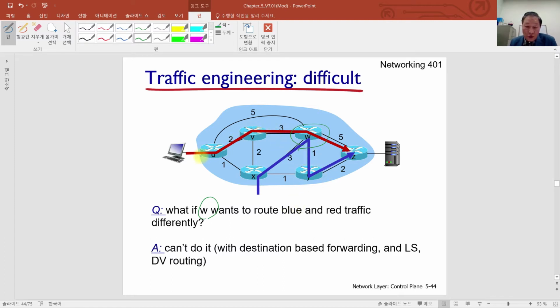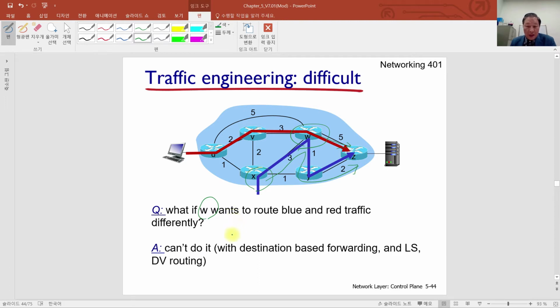Traffic whose source is from here should go in this direction using this link, and traffic from this one should go this way, with Y as the intermediate router on the way.